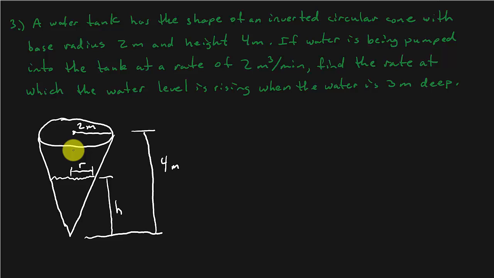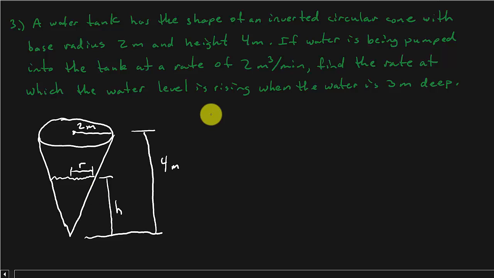Remember what we're dealing with: the volume of the water, not the volume of the tank. So that's how fast the volume of the water is changing. So that's dV/dt is equal to 2 cubic meters per minute.